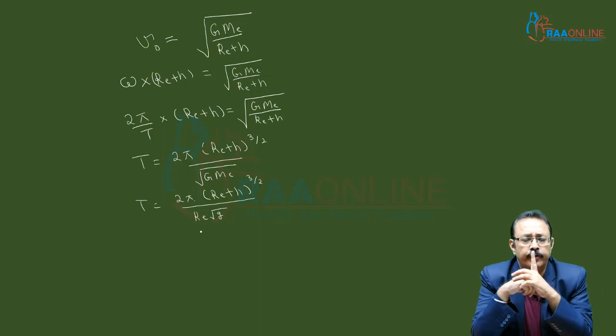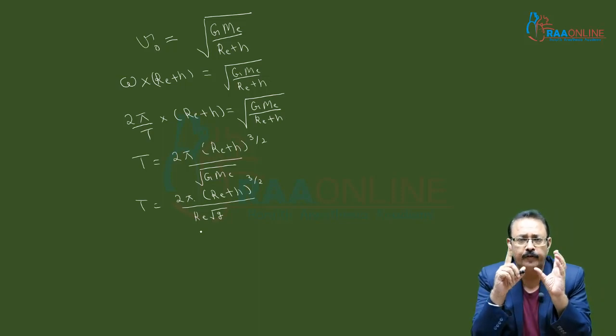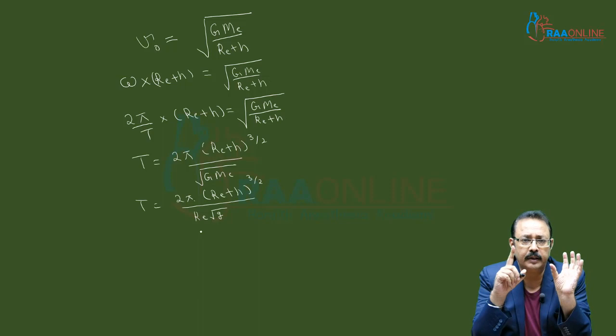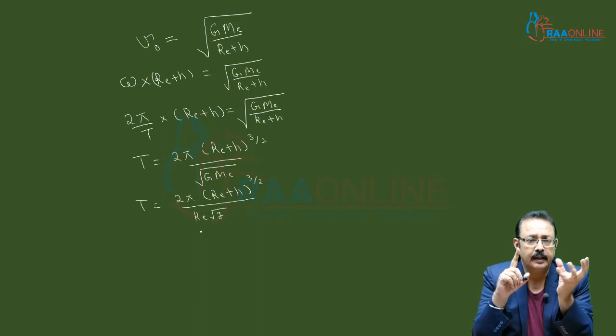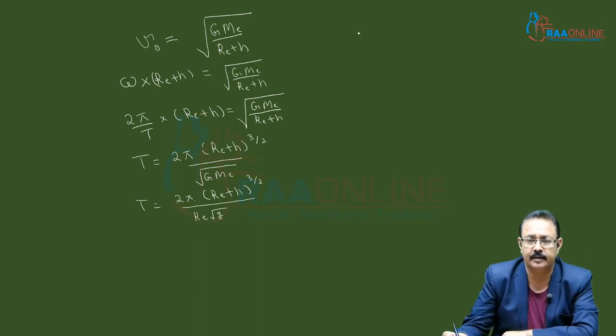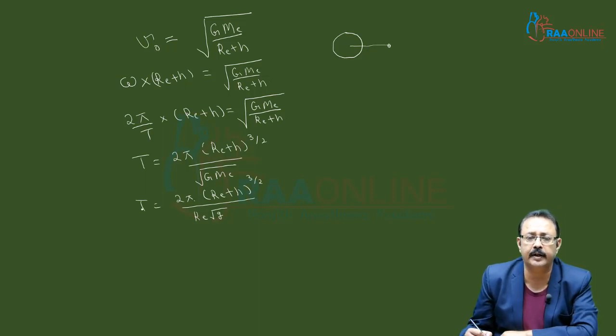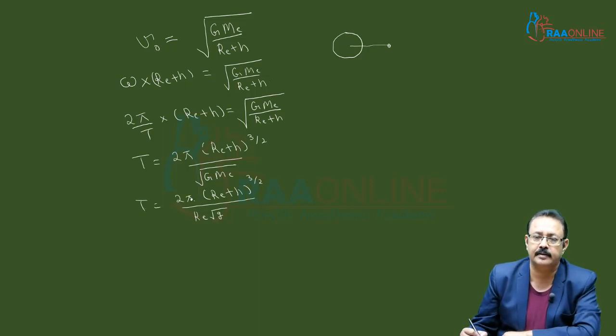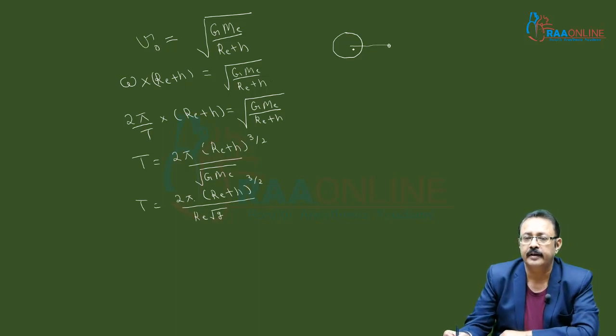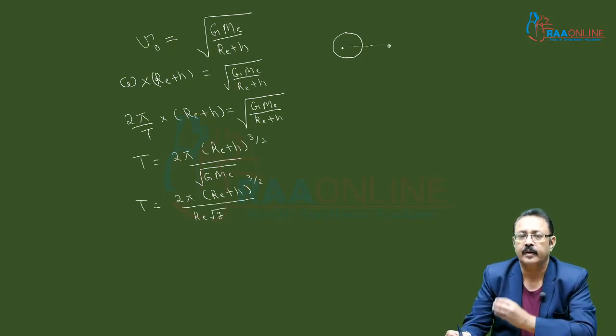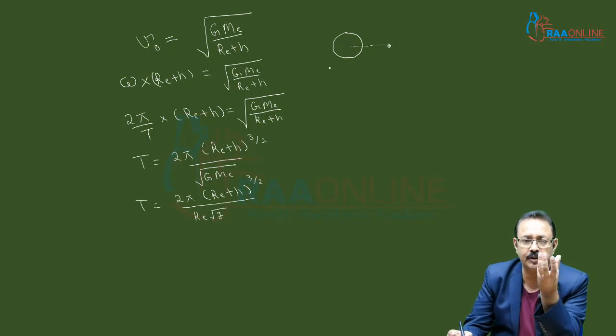We know that the time period of Earth about its own axis is 24 hours. So this satellite is orbiting around the Earth. If we adjust the value of h such that T will become 24 hours, what will happen? It will move with the same angular velocity as that of Earth.